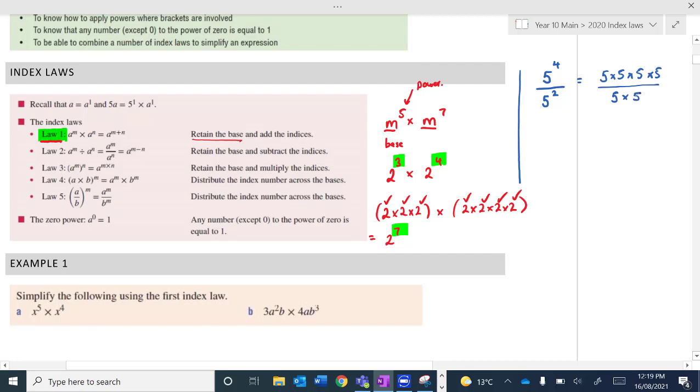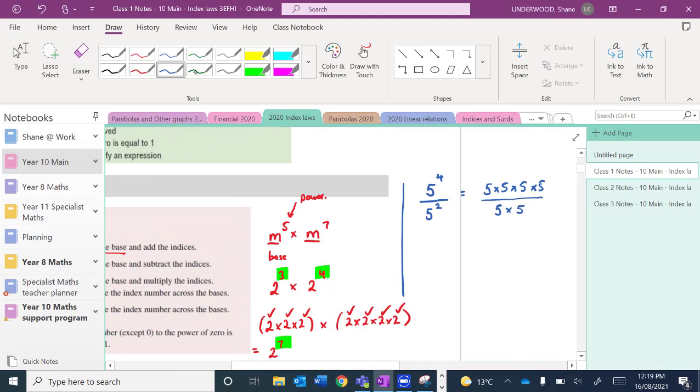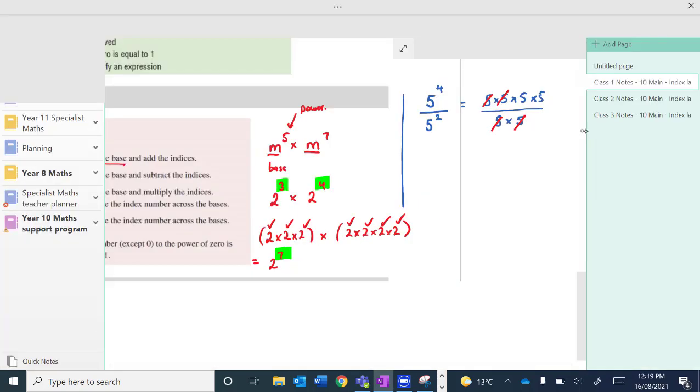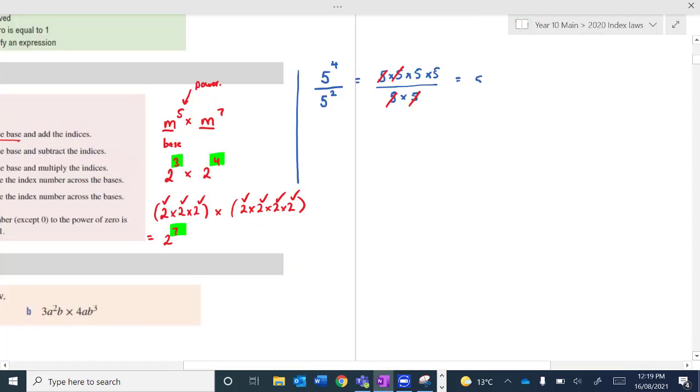Now, we know that when we're multiplying, we can do some cancelling. We've got two 5s on the top, two 5s on the bottom, and what we're left with is 5 times 5, or 5 squared.